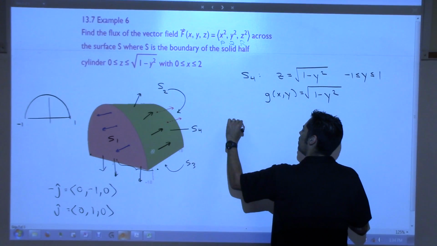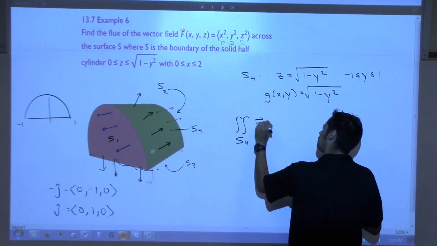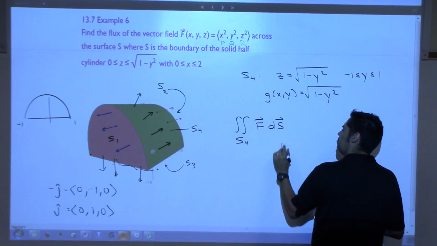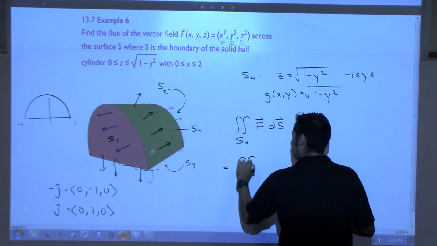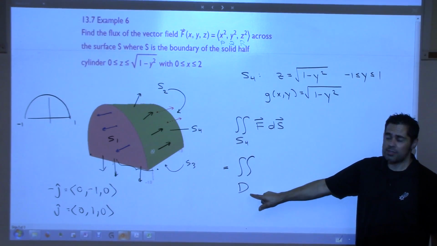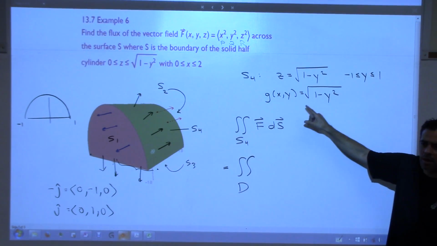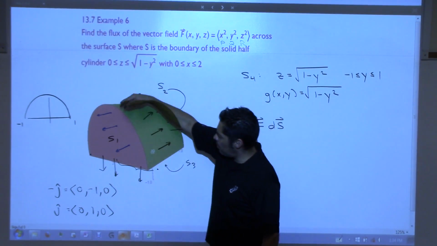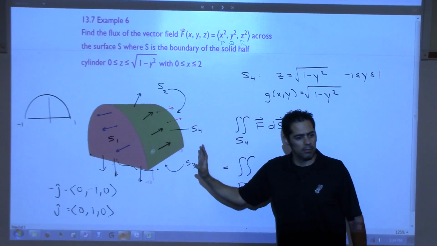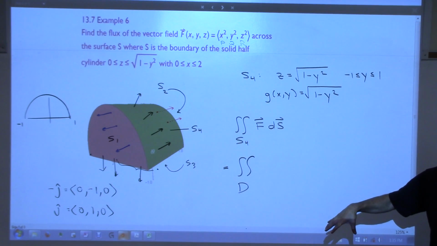This becomes, let's see, flux over S4 should become the double integral over D, where D is going to be the restrictions on x and y that draw me this surface. And can you already see what the restrictions on x and y are going to be to draw just this top part? What's the projection of that surface onto the ground?